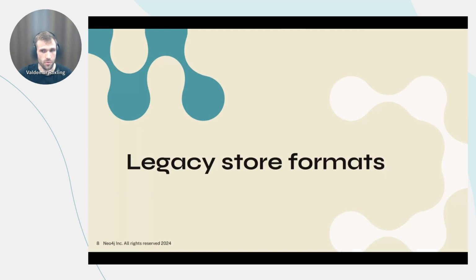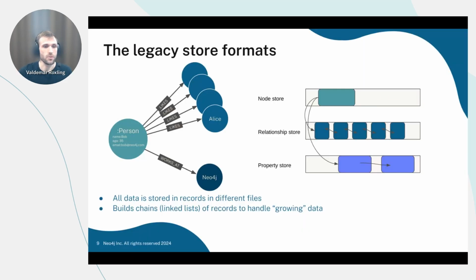So if we take a historic look at the legacy store formats that have been used by Neo4j for a lot of years, we can see how that worked. In the legacy formats, all the data was stored in different records in different files. So we had a node store where we stored all the nodes. We had a relationship store that stores all the relationships. We have a property store that stores all the properties.